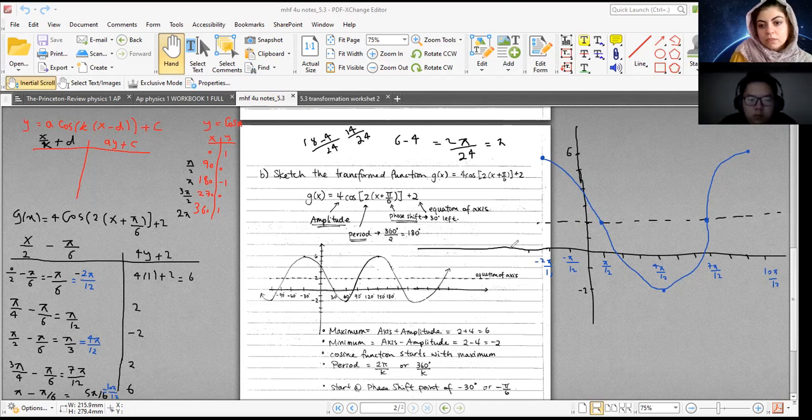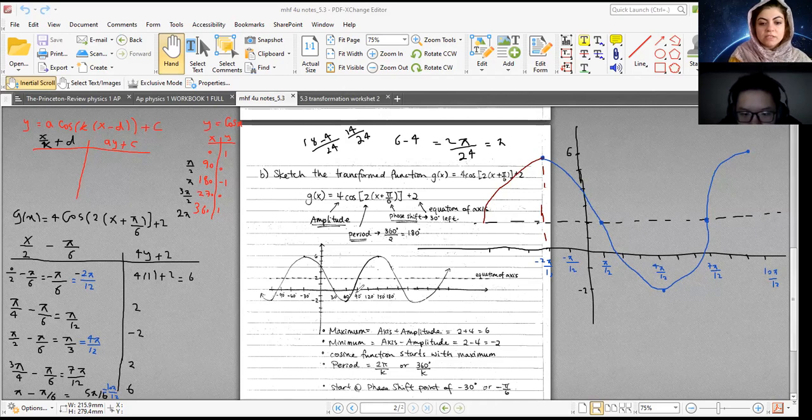You get to the symmetric line every 3. Just make sure you note that from the symmetric line, 1, 2, 3, you get to maximum. Then 1, 2, 3, you get to the symmetric line again. Again, 1, 2, 3, you get to the minimum point. So you can continue this. This is a pattern that you can find out.